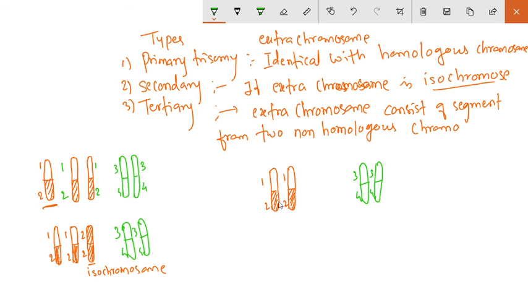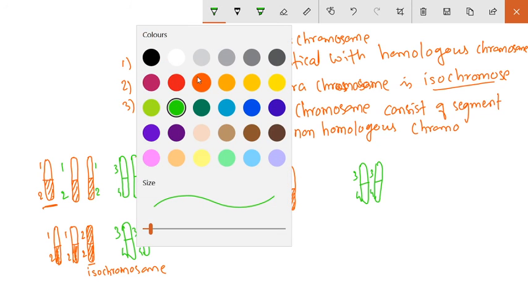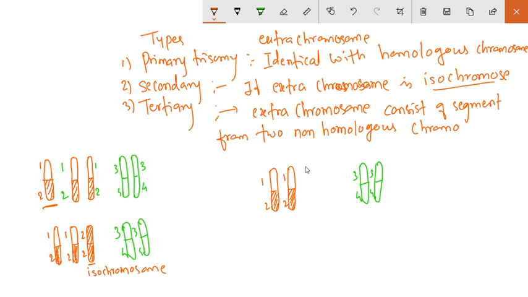Now the extra chromosome which is added in this complement shows an additional part of a non-homologous chromosome.